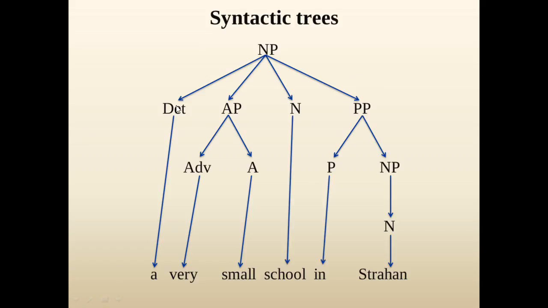So the a is linked to determiner, very to adverb, which is also an adverb phrase, technically speaking. Small is linked to A, adjective, school to N, noun, in to P, preposition, and Strom to N. And this is a complete syntactic tree of the noun phrase a very small school in Strom.